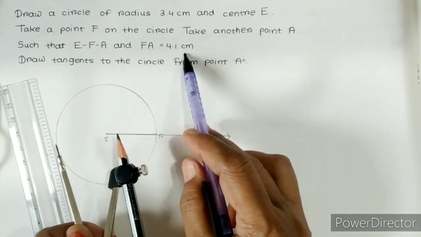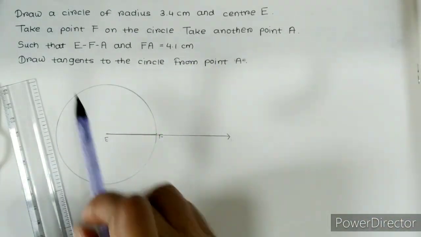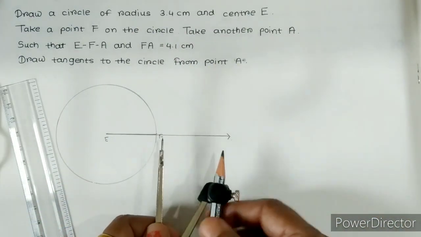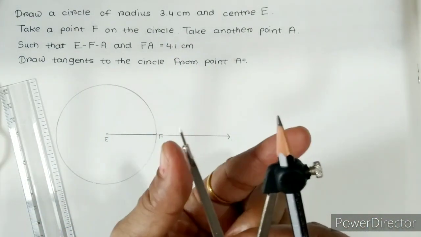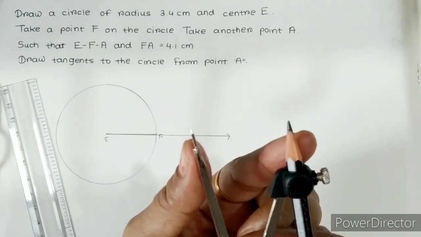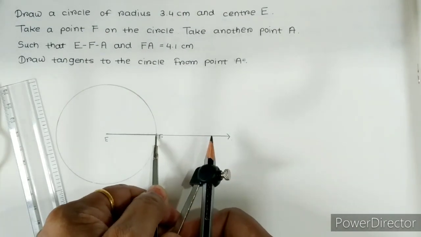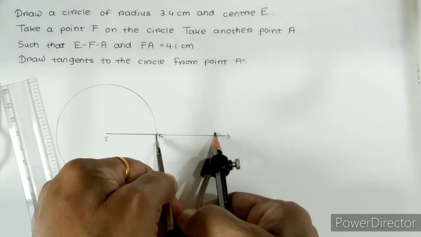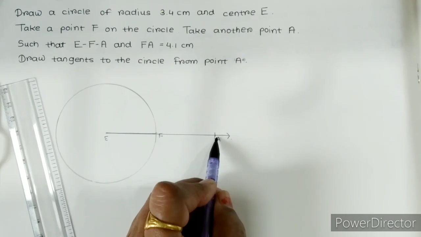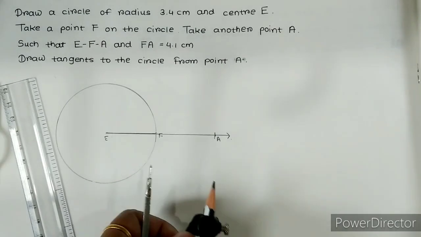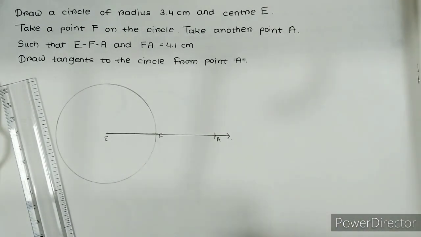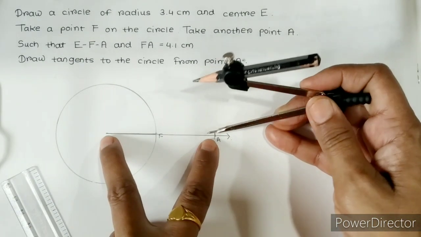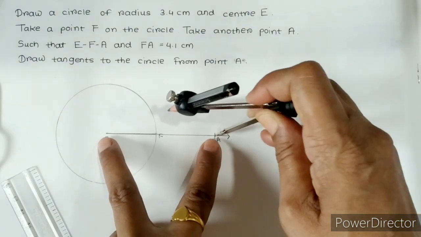FA is 4.1 cm and we have to take point A such that FA is equal to 4.1 cm. Therefore, taking a distance of 4.1 cm between the tips of the compass, place the steel tip here at point F, draw an arc. This is point A. We have to draw tangents to the circle through point A. To get the midpoint of AE, draw the perpendicular bisector of AE.